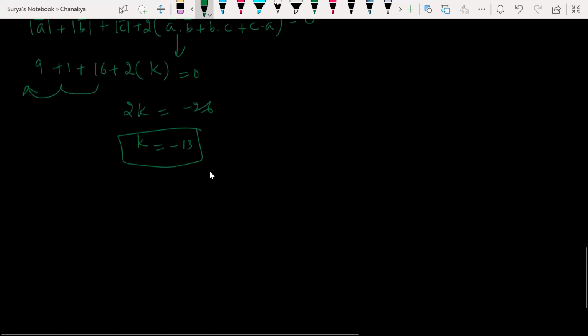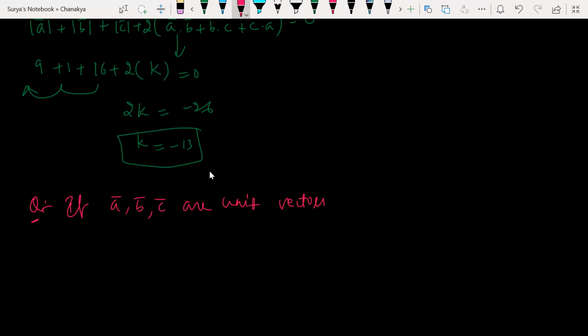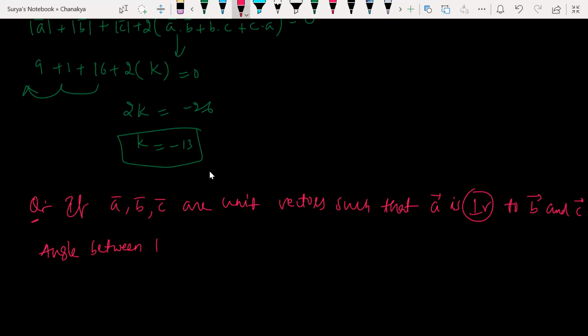Now next question is like, if a, b, c are unit vectors such that a is perpendicular to b and c vector, and angle between b and c is pi by 3, then find a plus b plus c is equal to how much?